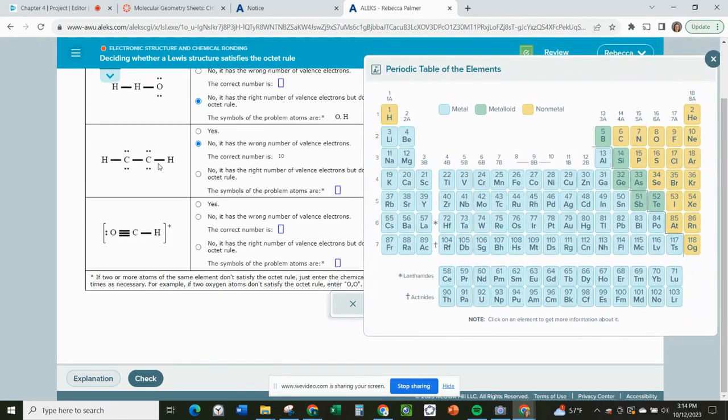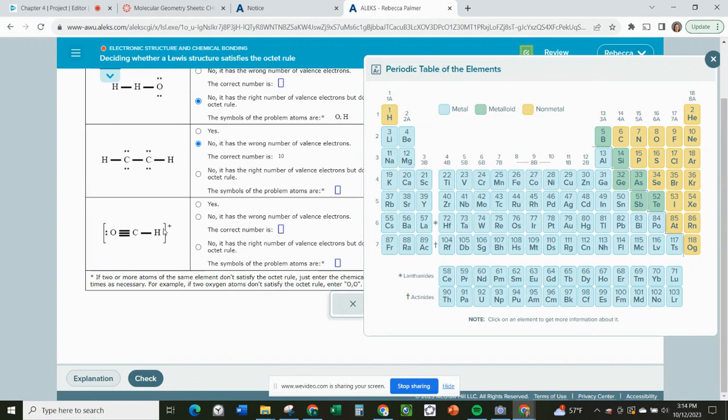All right, the next one. This one looks funny. Let's see what's going on. We have oxygen, carbon, hydrogen, and it's an ion. So oxygen brings 6 valence electrons. Carbon brings 4, so 6 plus 4 is 10. Plus 1 is 11.